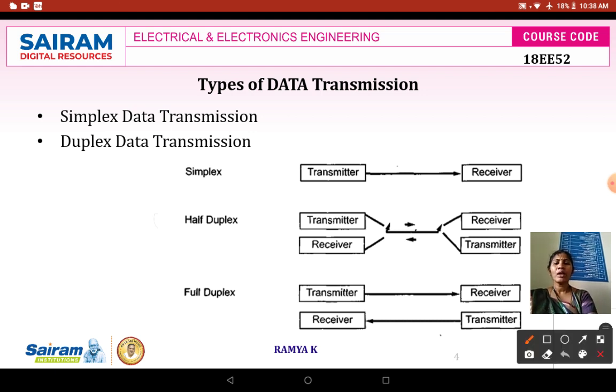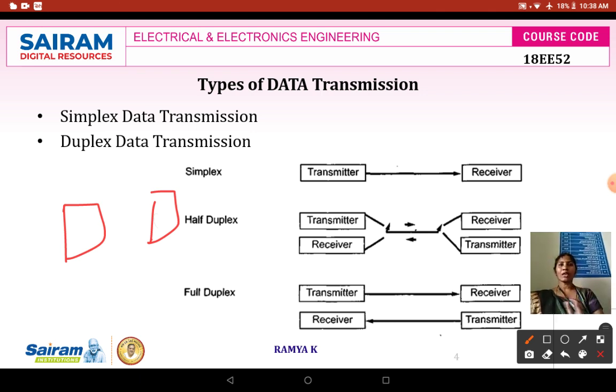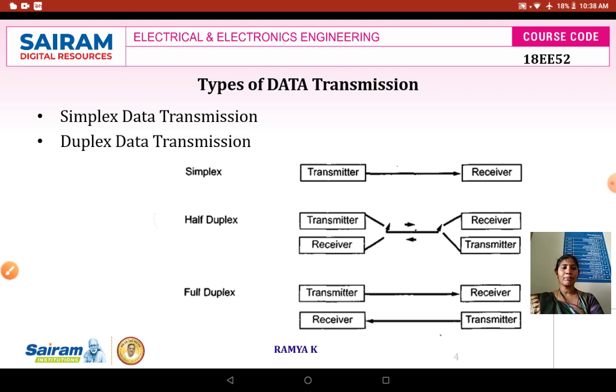So when we are transmitting data between two microcontrollers, setting the baud rate is very important. Then only the transmission speed will be similar in both microcontrollers.